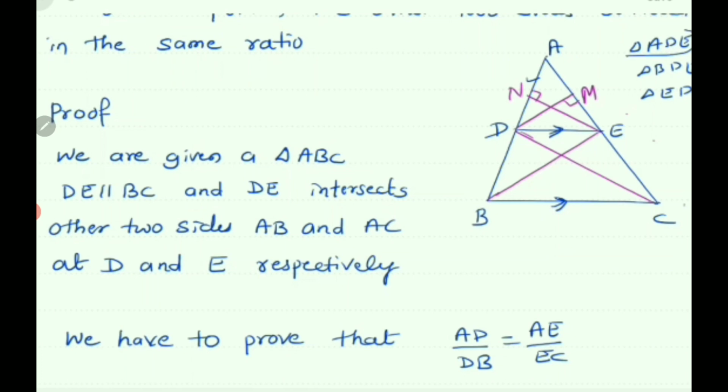To find the area of triangle ADE there are two heights: EN and DM. If we take height EN, the base is AD. If we take height DM, the base is AE. So area of triangle ADE is half into AD into EN, or half into AE into DM.